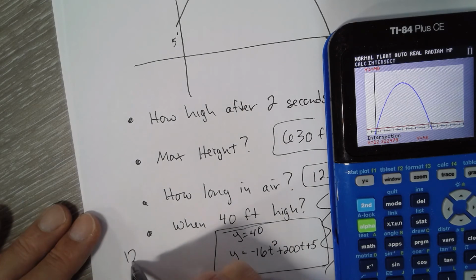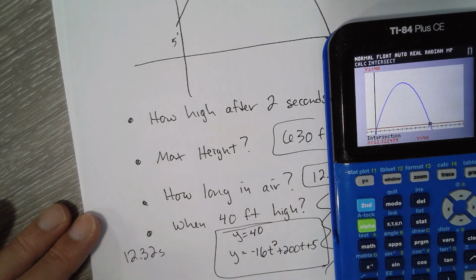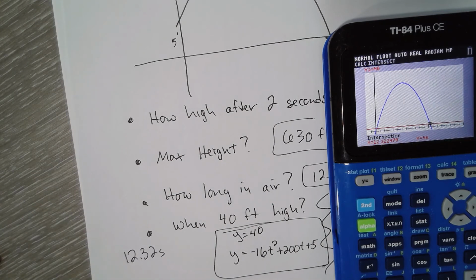So 12.32 seconds. And go ahead and use your calculator to find that other point of intersection. It happens twice.